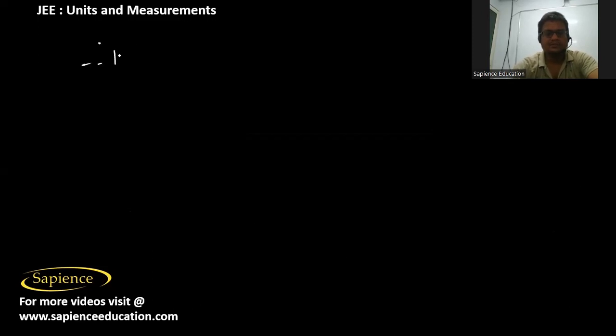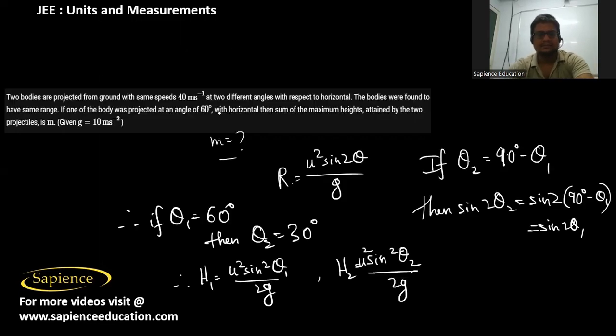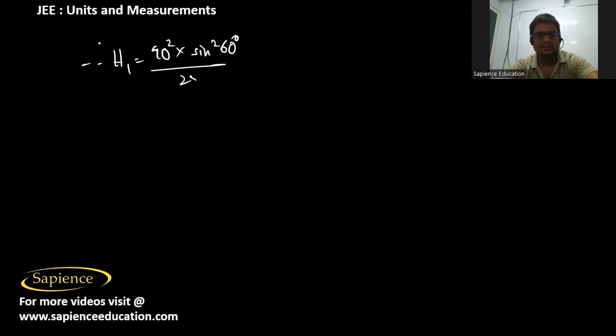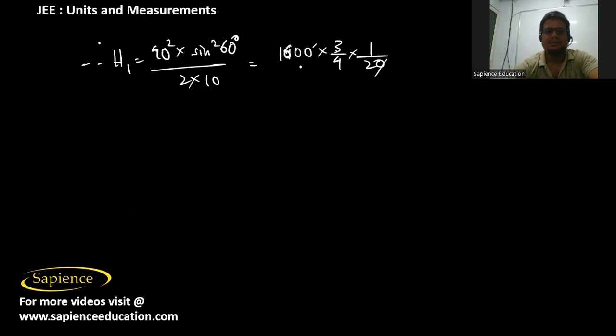Therefore, h1 will be 40 square into sine square 60 degree divided by 2g. G is 10. So this will be 40 square, that is 1600, into sine square 60, that is 3 by 4, into 1 by 20. So 4 4 is 16, so 16 into 3 by 4 into 1 by 20, that is equal to 60 meter.